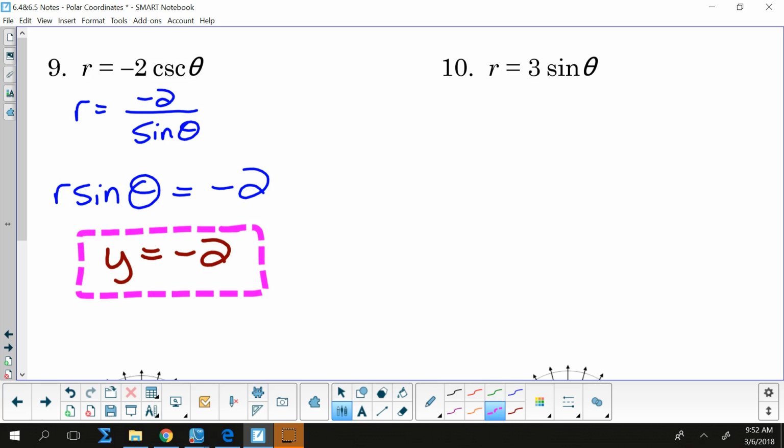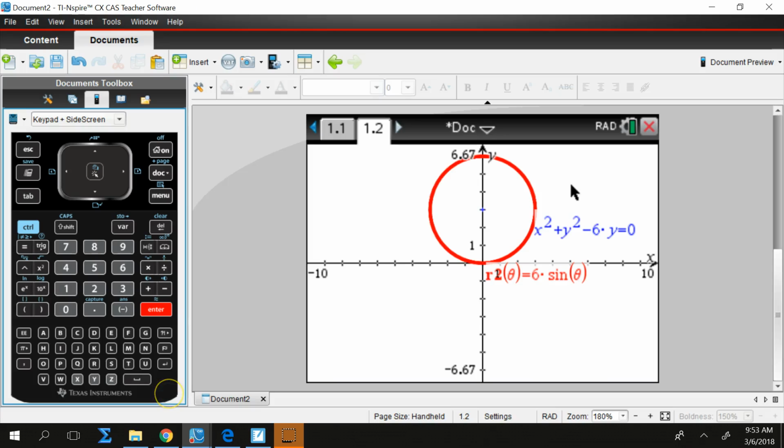What shape is y equals -2? It's a line, a horizontal line, 2 down from the origin, right? Okay. So if we had to, we could graph it.